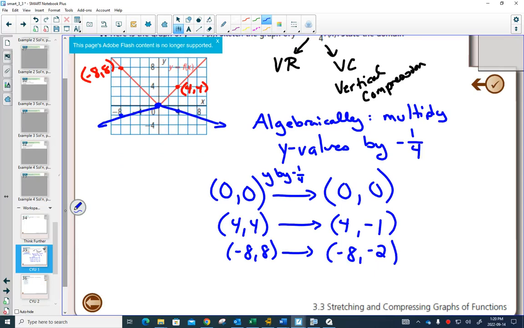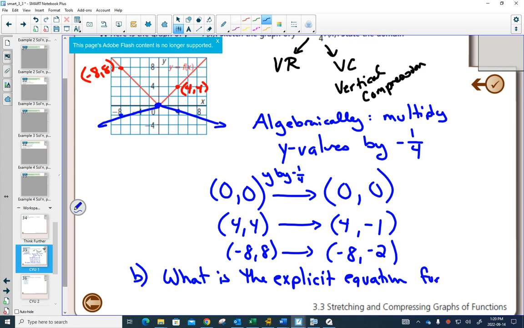I'm going to add a part B to this. What is the explicit or actual equation for y equals -1/4 f of x?